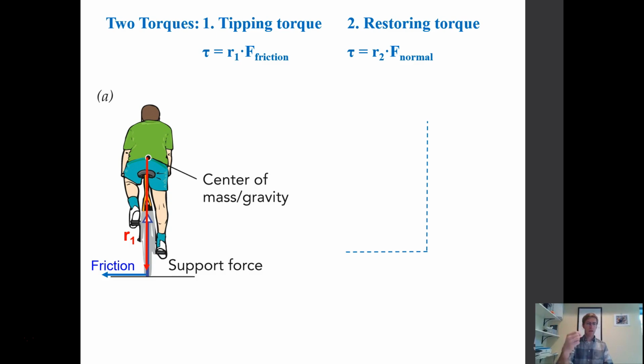In order to prevent yourself from tipping over, you need some secondary torque to counteract that. And the only other force acting on you that can generate that torque is your support force, the normal force from the road pushing up. But if you don't lean, the lever arm distance for that second force is 0, and so your restoring torque, that second torque from the normal force, is also 0. So your net torque is just the friction force times r1.